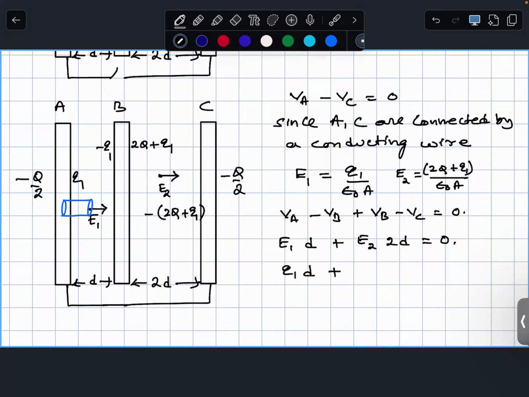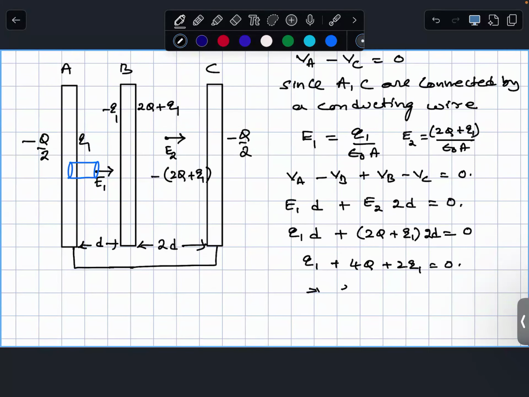So Q1 D plus (2Q plus Q1) times 2 is 0. I am just here. Don't question me about all that. So therefore, Q1 plus 4Q plus 2Q1 is equal to 0, which implies Q1 is nothing but minus 4 by 3 Q. Wow.